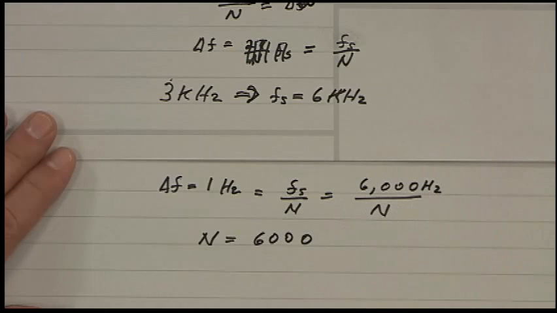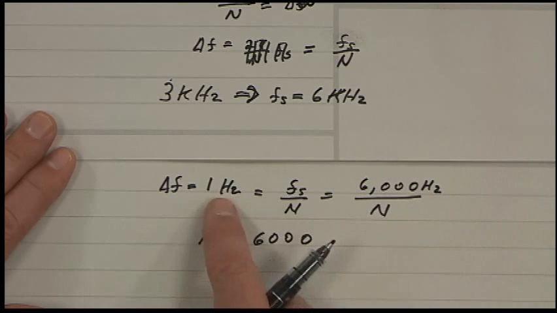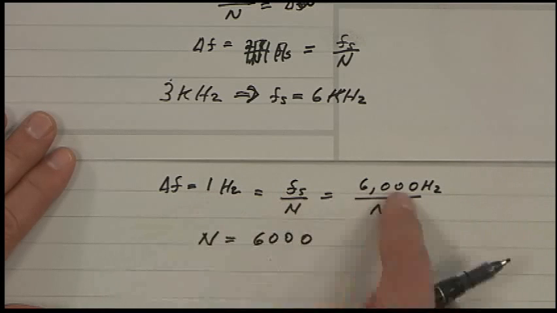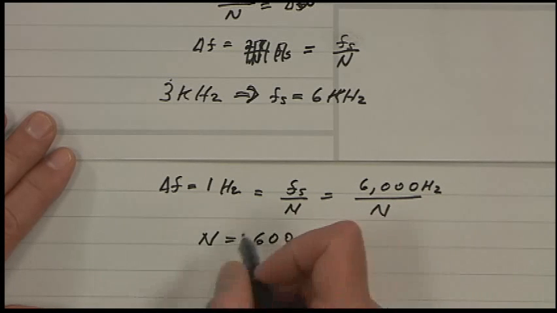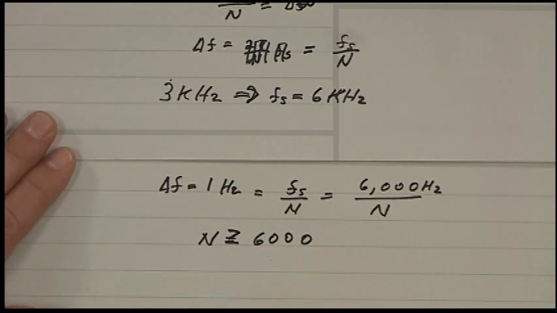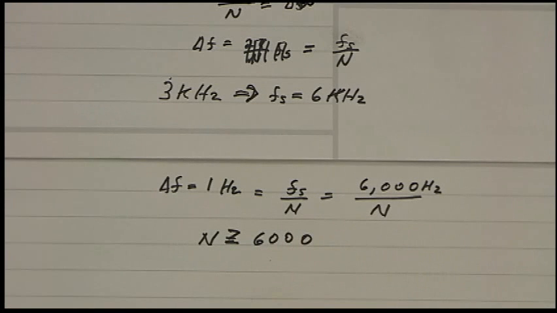So the hertz cancel out. You solve this equation: 1 equals 6,000 over n, so n has to equal 6,000. So n has got to be greater than or equal to 6,000 in order to get that much resolution. So a larger window gives you more resolution in frequency.